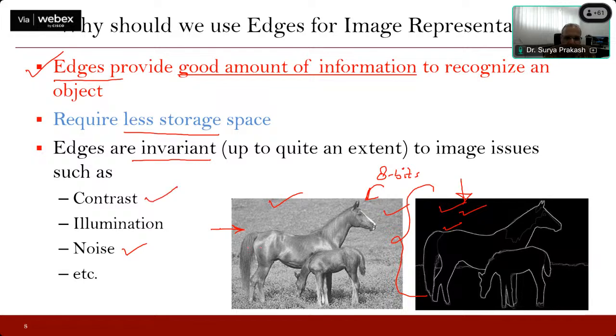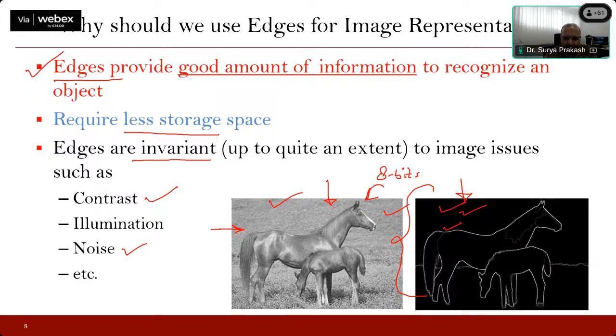So depending upon the environment in which you are capturing the image, there will be differences in the pixel intensities. But for all those images, let's say the content is the same horse, and you are capturing one where the illumination is more and another where the illumination is less.